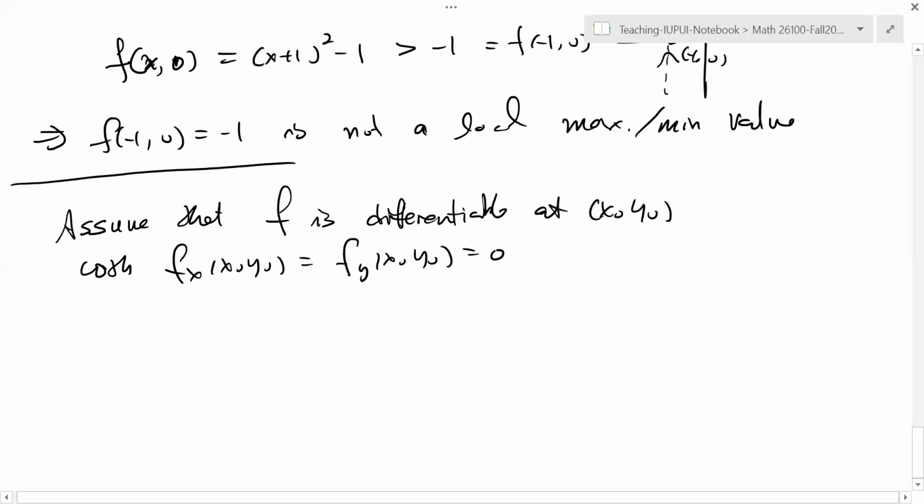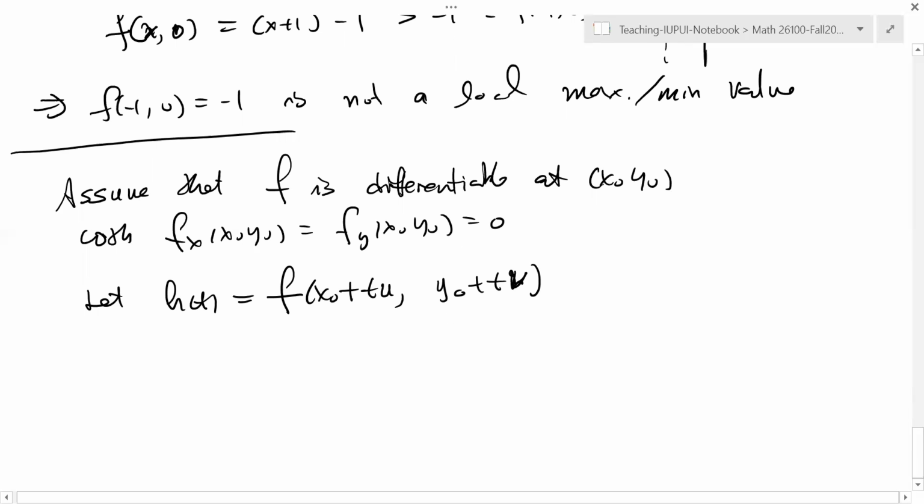So I consider h(t), which is going to be f at an arbitrary value, x0 plus tu and y0 plus tv. So how does this function look? First of all, let's find the derivative.